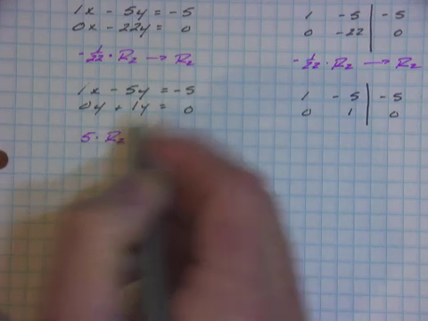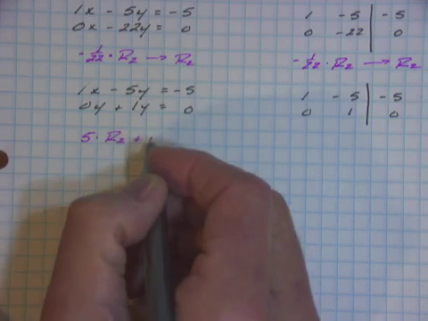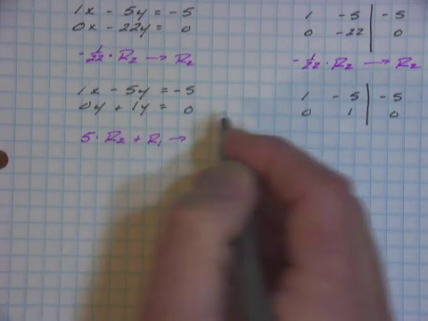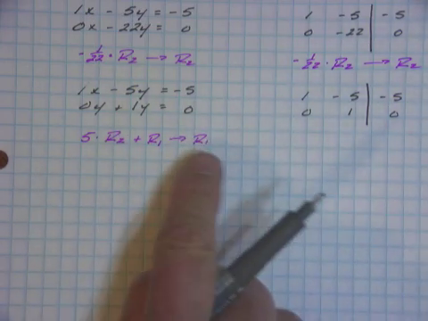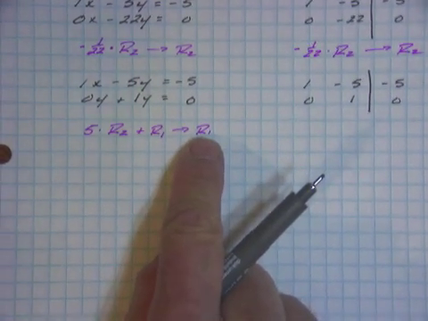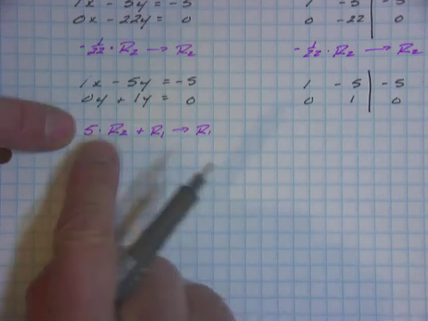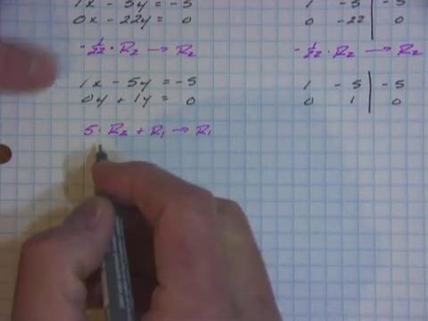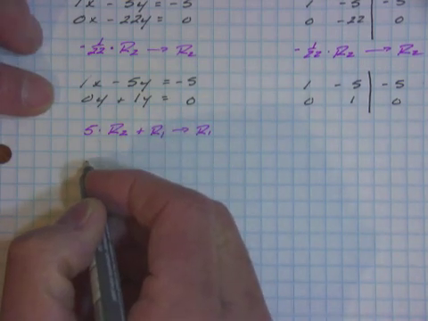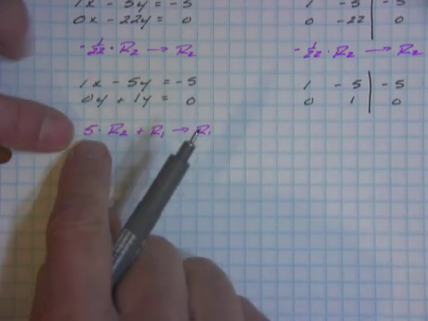All right, let's go back. Now my rule is going to be 5 times row 2 plus row 1 is my new row 1. Okay? Now this time row 1 is changing, so I'm not just going to bring it down. But I've got 5 times 0 is 0 plus 1 is 1.